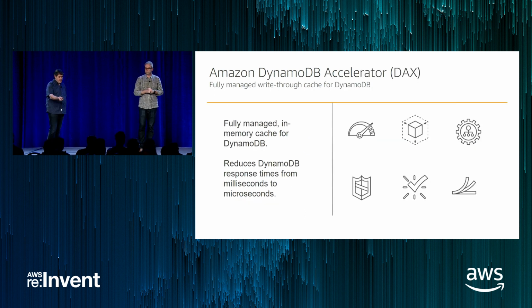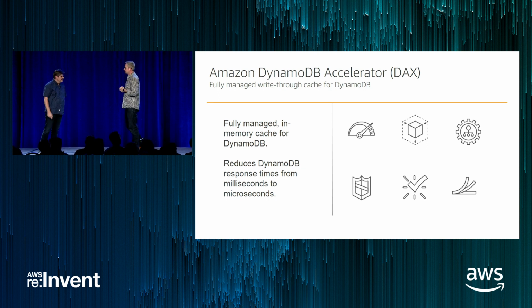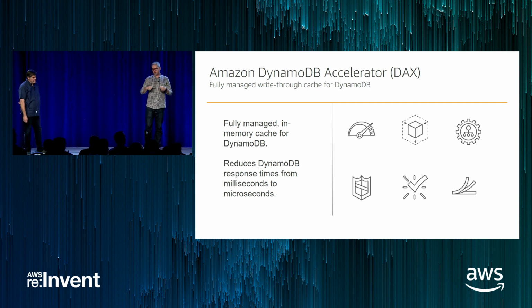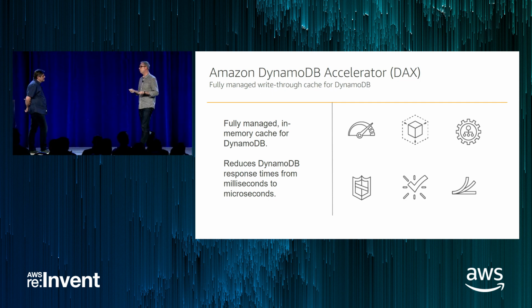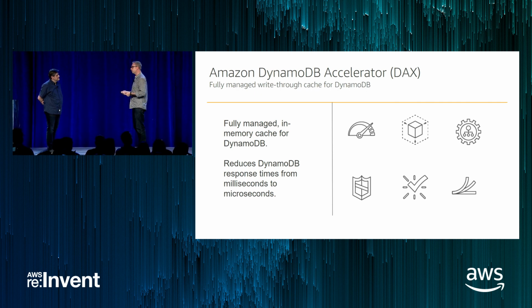Cool. So we have this thing called DAX for DynamoDB caching. Just give me a 15-second story on caching. Sure. So we talk about DynamoDB being able to run with scale that's unbounded. DAX really then gives us virtually unbounded low latency.